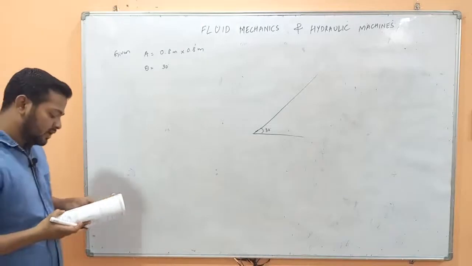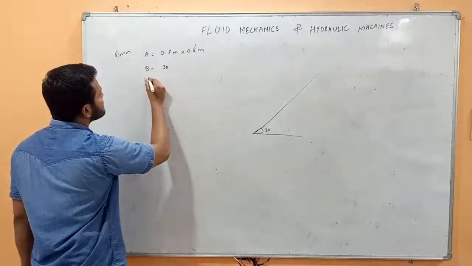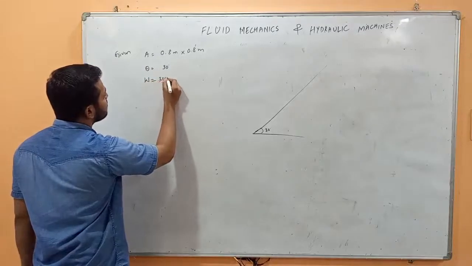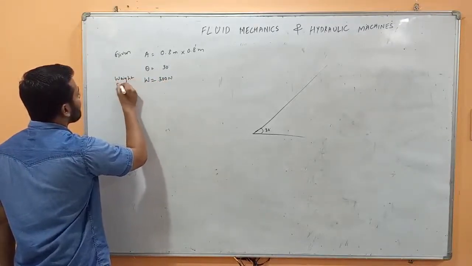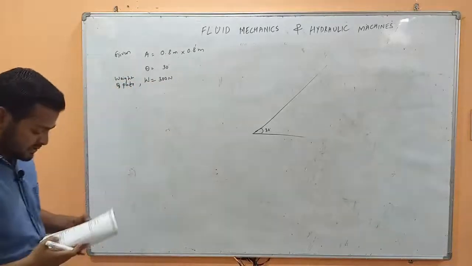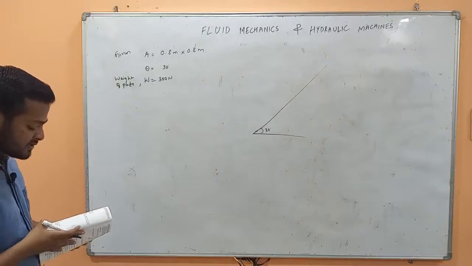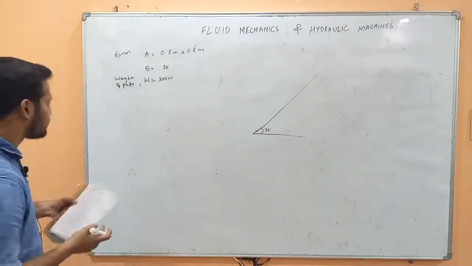Okay. The weight of the plate is 300 newtons. Okay, the weight of this plate is given as 300 newtons. So this is weight of plate. Next, it slides down the inclined plane with a uniform velocity of 0.3 meter per second.